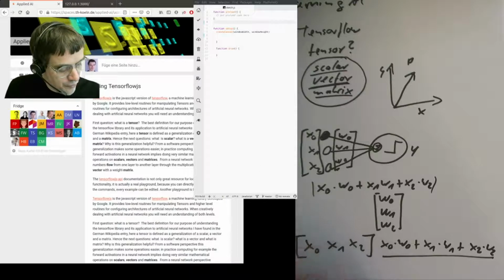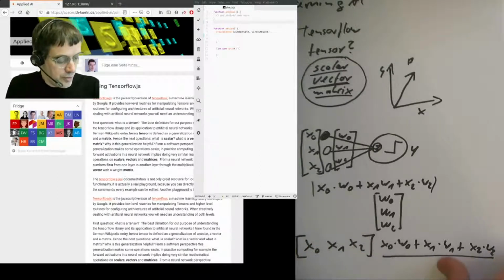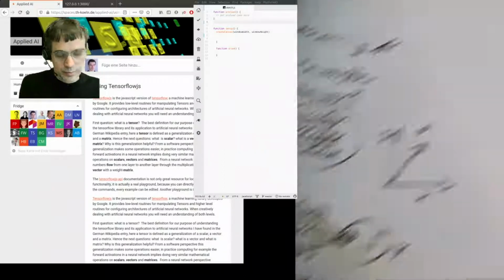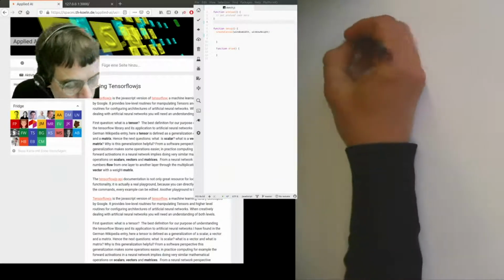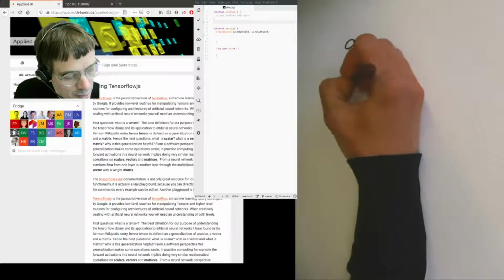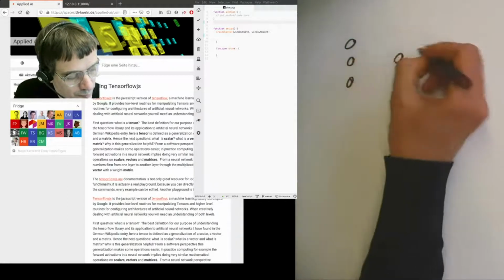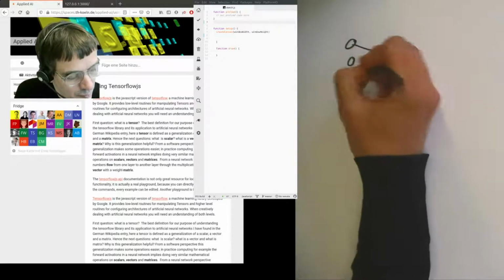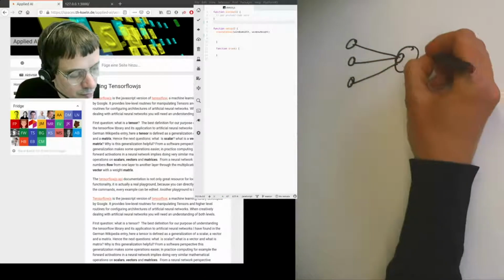So if we fill these variables with values, as we have done already as well, let's go back to our initial example of a network doing the OR function.